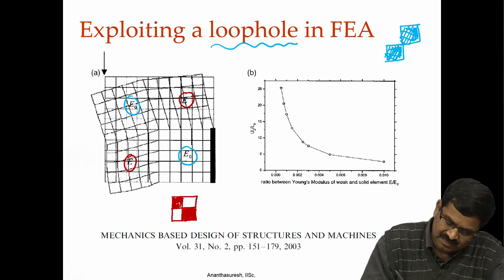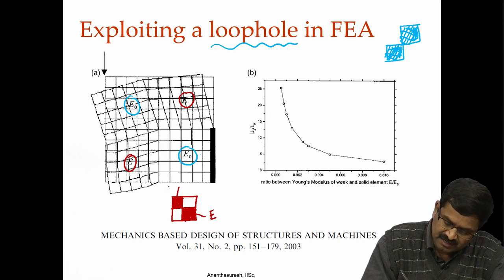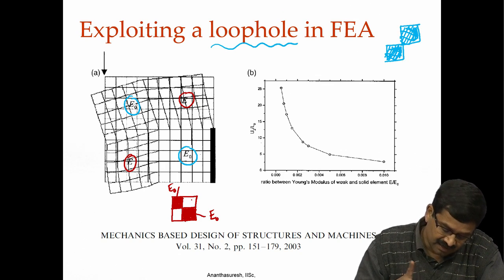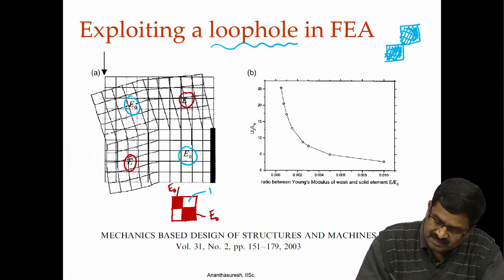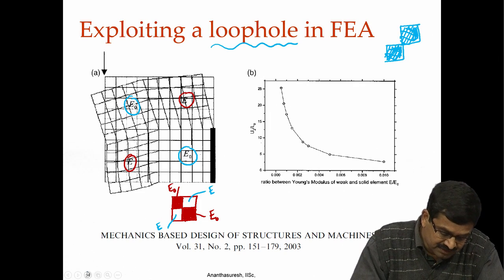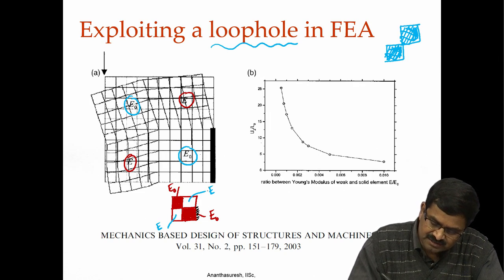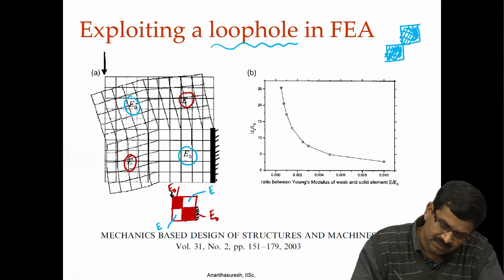It is not a small cell, but a rather large problem, and we keep these at Young's modulus E0 and E0. The other portions are kept at a very low or varying modulus; let us call these two portions E. We are fixing this edge as shown there, and applying a force over there.